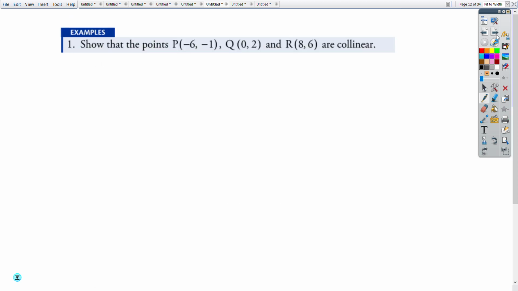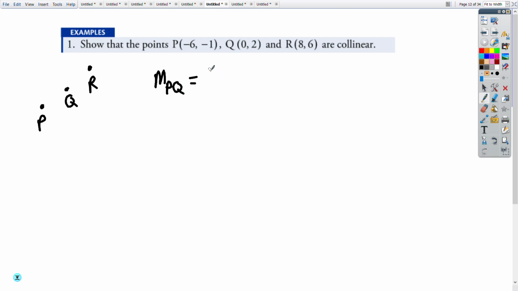So let's look at this example. Show that those points are collinear. So show that P, Q, and R lie in a straight line to one another, and so we should work out the gradient between P and Q first.